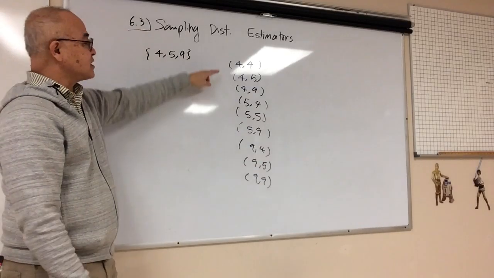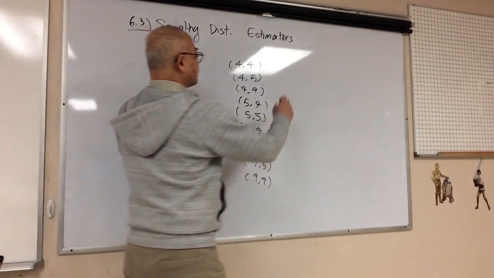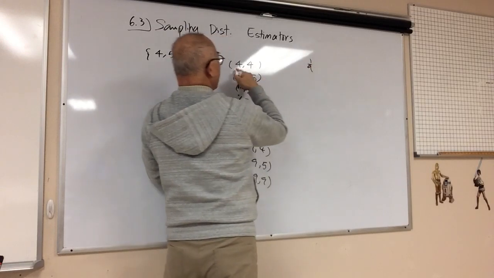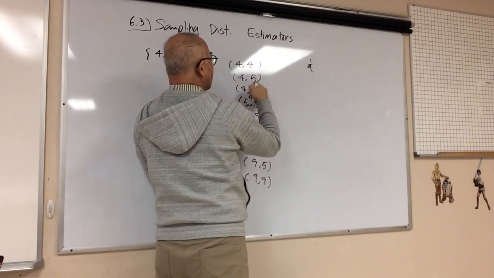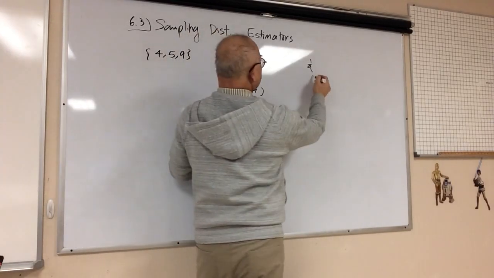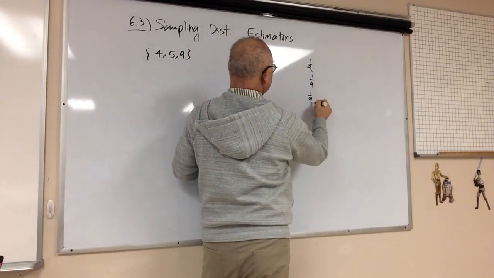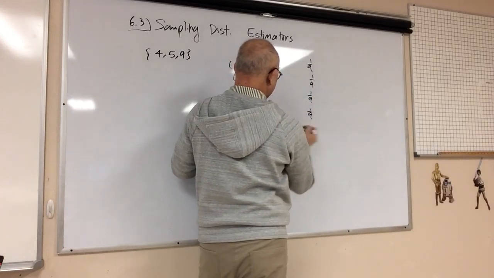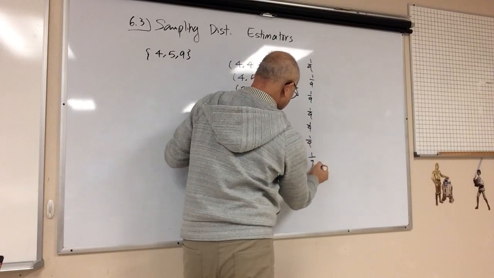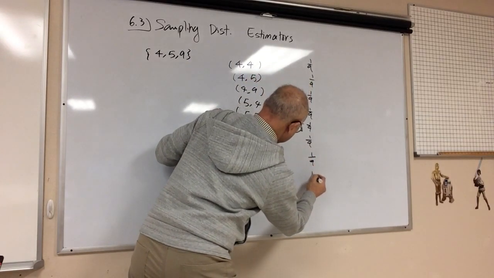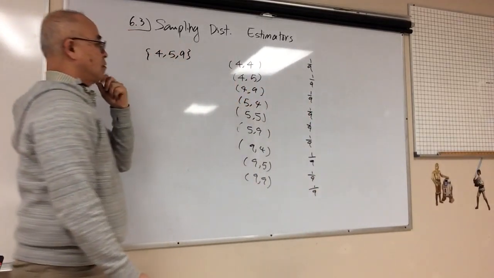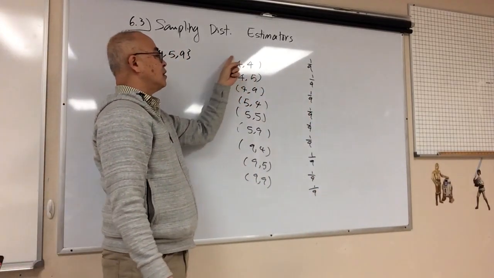So the probability of me getting this is what? 1/9, right? Because that's 1/3 times 1/3. As a matter of fact, it should be the same all the way through. Yes, 1/9. These are the probabilities of me getting each selection. Okay. What is the mean of this?